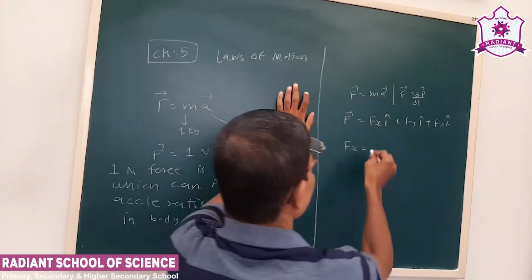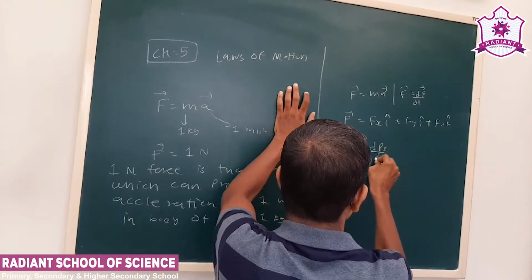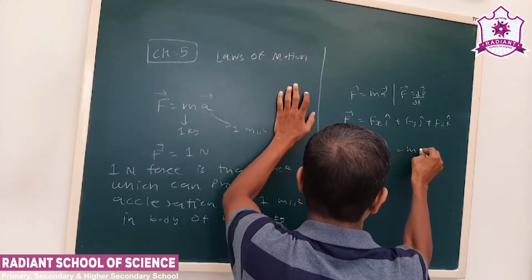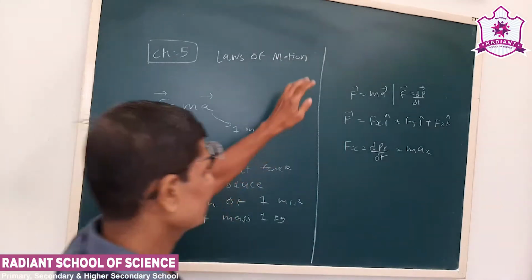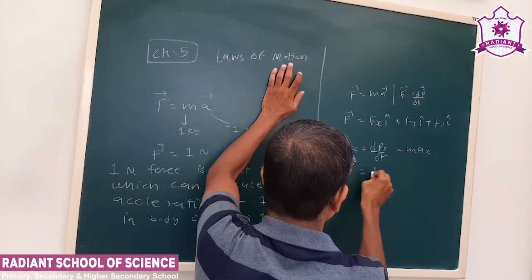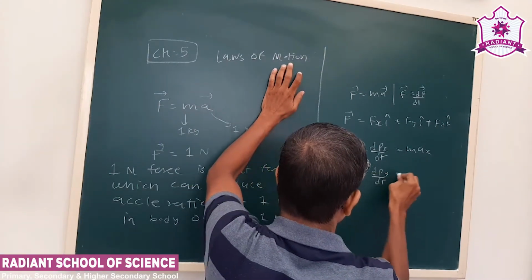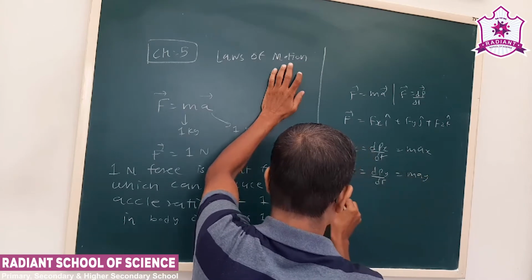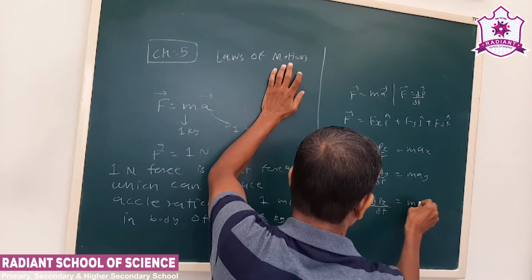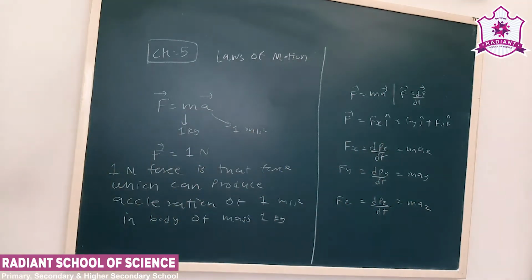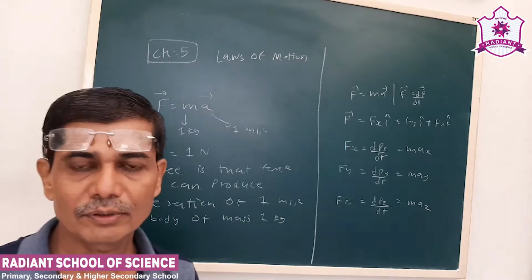So Fx is dpx by dt, which is m into ax, where ax is the x component of acceleration. Then Fy is dpy by dt, and Fz is dpz by dt. So this is about the components of the force.